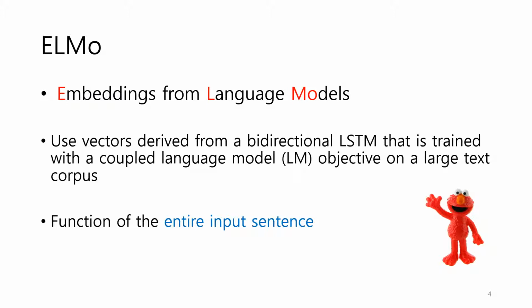Also, they use vectors derived from a bidirectional LSTM that is trained with a coupled language model objective on a large text corpus. ELMo representations are deep in the sense that they are a function of all of the internal layers of the bi-language models.